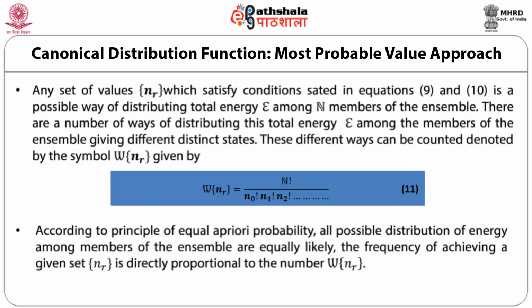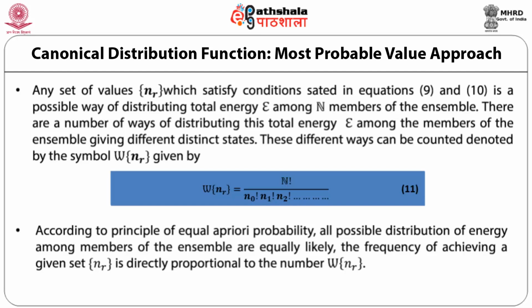There are a number of ways of distributing this total energy ℰ among the members of the ensemble, giving different distinct states. These different ways can be counted, denoted by a very special symbol W of the set {NR}, given by W{NR} equal to N factorial divided by N0 factorial, N1 factorial, N2 factorial, and so on.